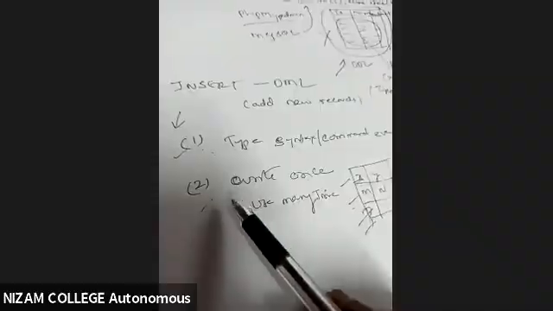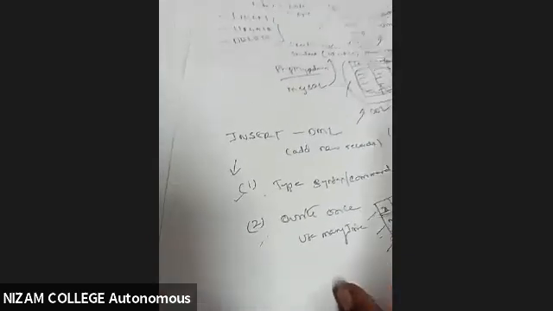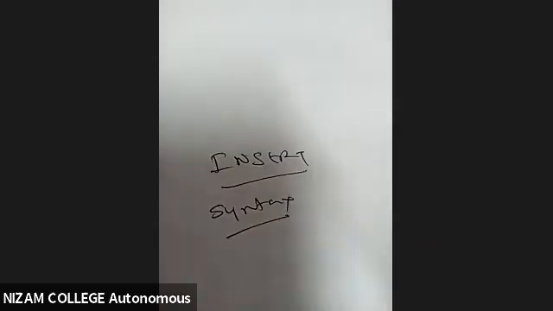How the type 1 syntax looks and how the type 2 syntax looks, please watch carefully. I'm writing the basic syntax of your insert command. What is the purpose of the syntax? The syntax says I want to add a record.